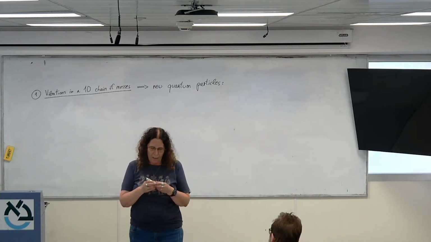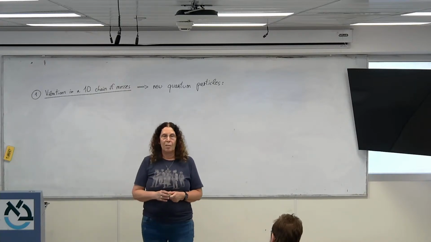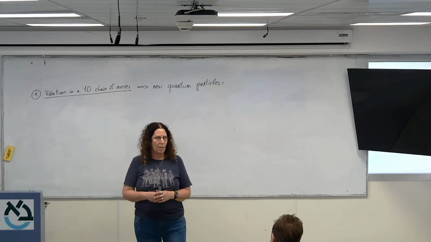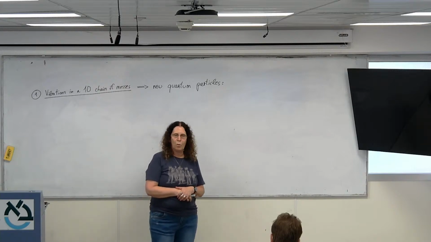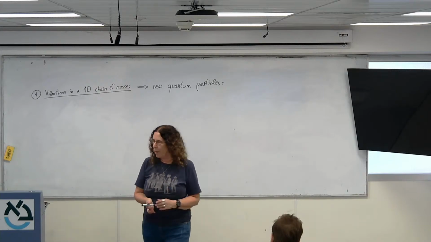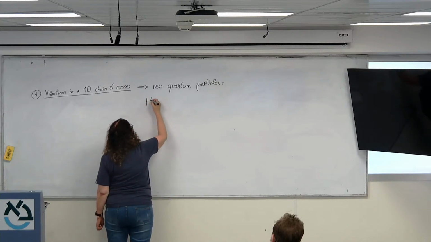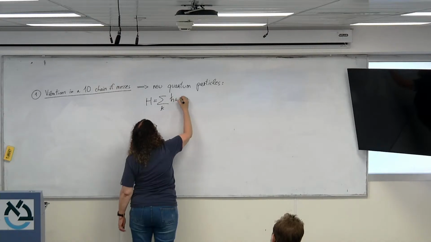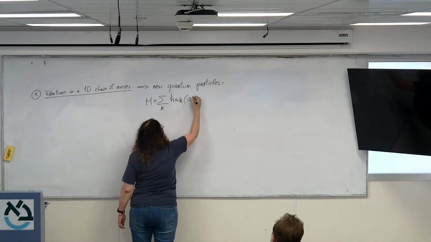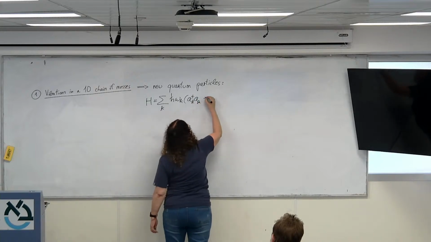And they are characterized by quantum particles, which represent the excitations of this oscillator, and they are represented by the quanta of h bar omega. Okay, so we saw that we could write the Hamiltonian as the sum over k of h bar omega k (a_k dagger a_k plus 1/2).